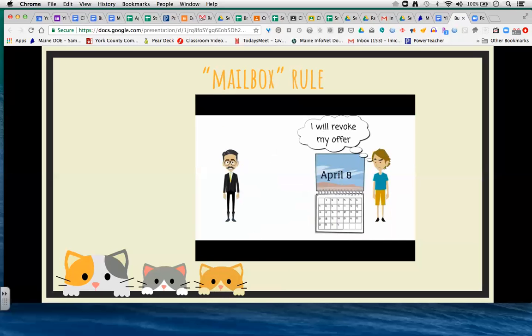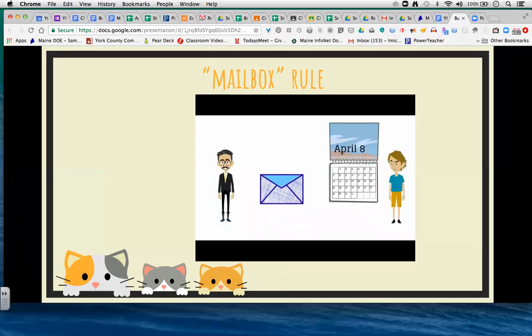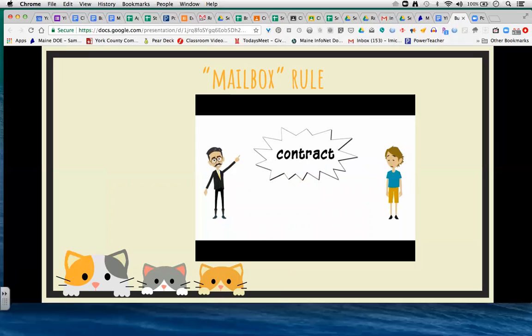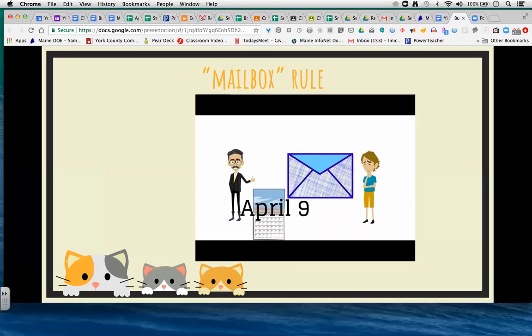So let's say Ali decides to revoke his offer on April 8th. And on April 8th, he sends a letter saying he revokes his offer. Fred receives Ali's letter on April 10th. Fred and Ali should still have a contract. Fred sent his acceptance on April 9th.